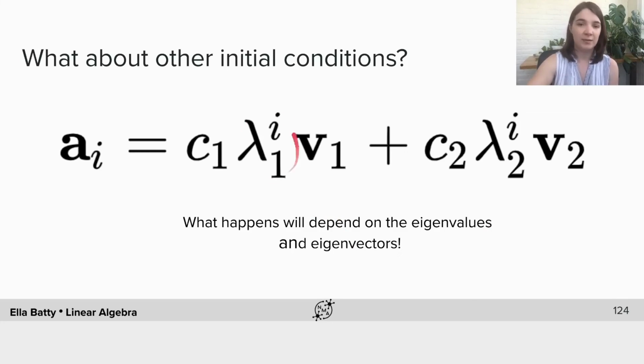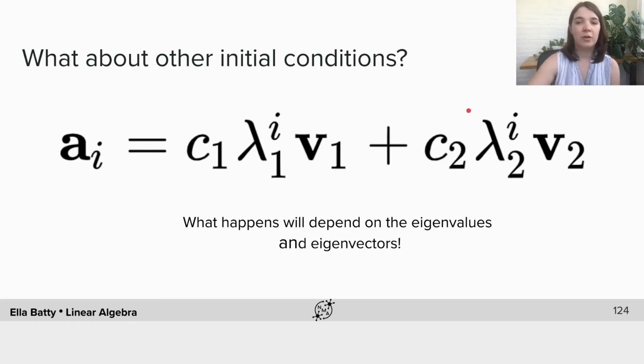If this was really huge and this was really huge, the activities will again explode to infinity because it's a huge vector times a huge vector, plus a huge vector. If this is going to 0 and this is going to 0, it would also decay to 0.